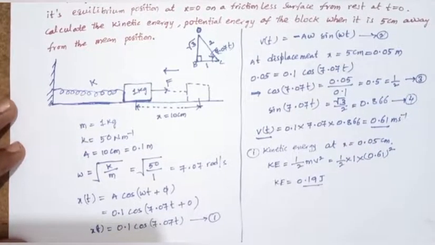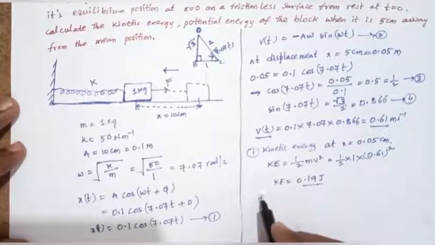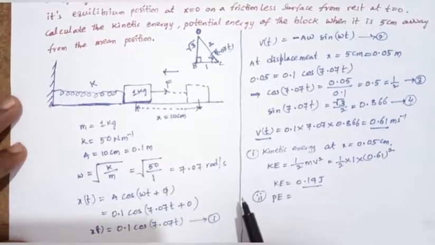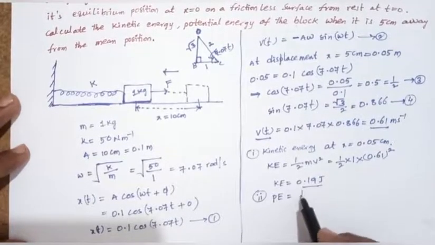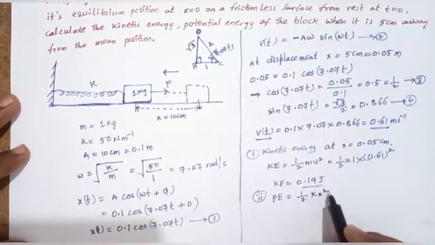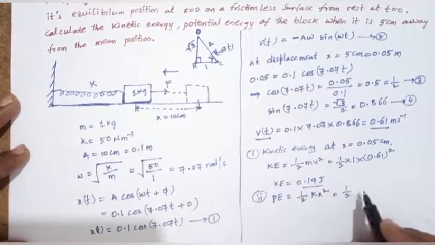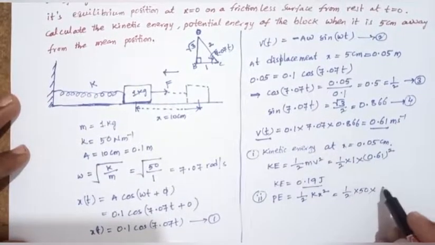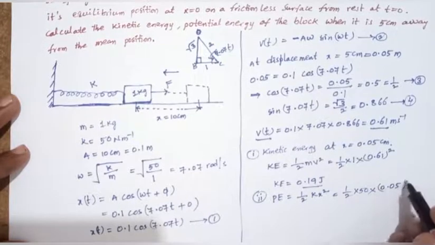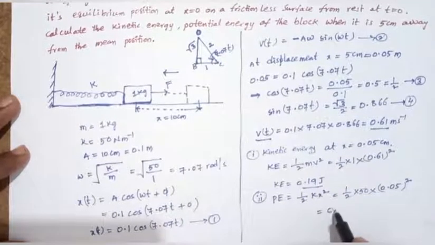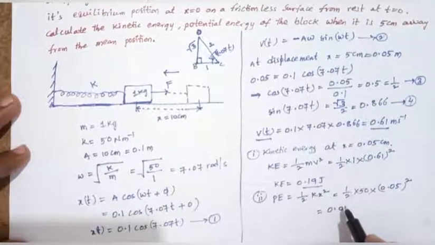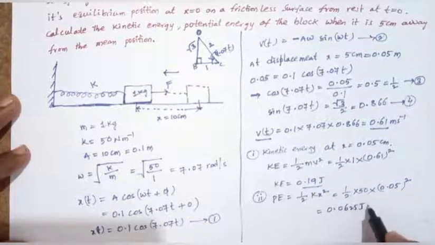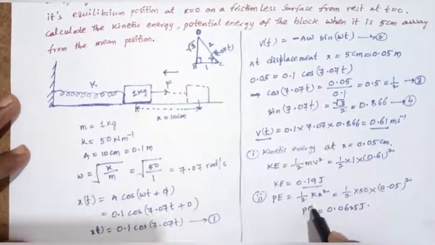Next we can find out the second one, potential energy. For the spring constant K, the potential energy equation is half K x square, where K equals 50 and x equals 0.05 whole square. This value is 0.0625 joules. This is the potential energy.